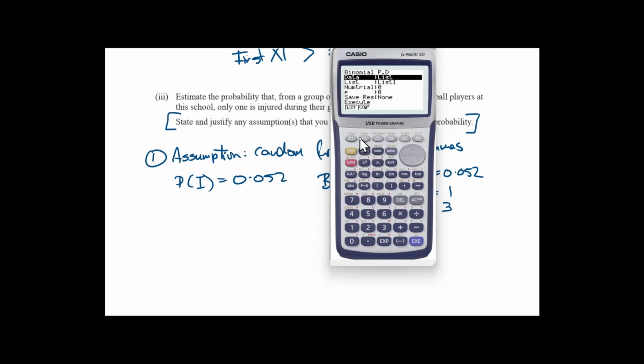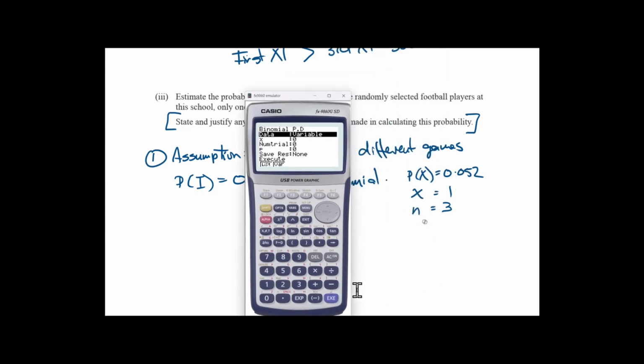So it's that there, and I don't want list, I want variable, and it's got all the information we want there. So the probability is variable. The number that we're looking for is 1. The number of trials is 3. And the probability that you're injured per trial is 0.052.